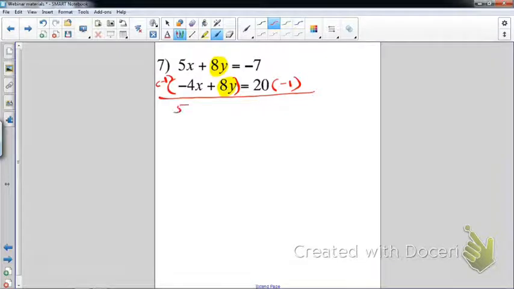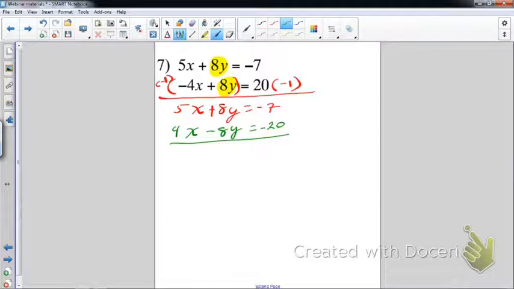So I'm going to rewrite the first equation because I didn't do anything to that. I left it there, so it's by itself. So we have negative 7. Negative times a negative gives me a positive, so this time I'm going to rewrite my second equation. So now I have positive 4x. And now I have a negative 8y, which is equal to negative 20.